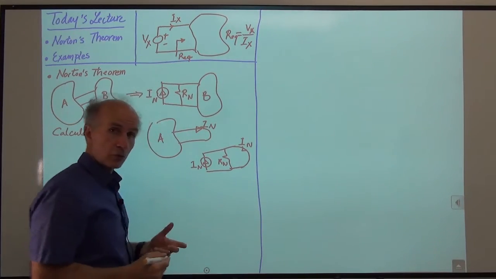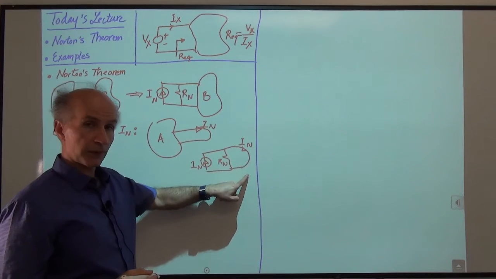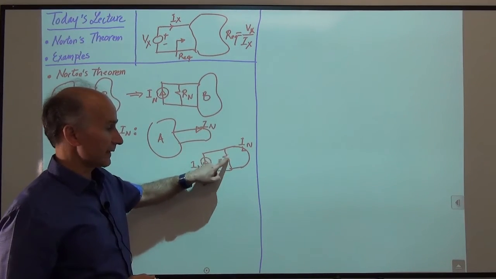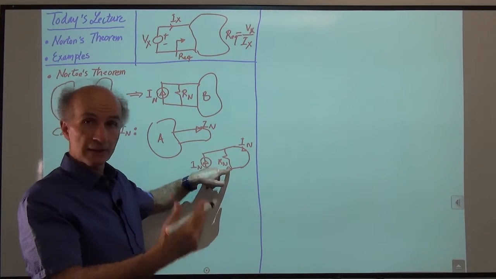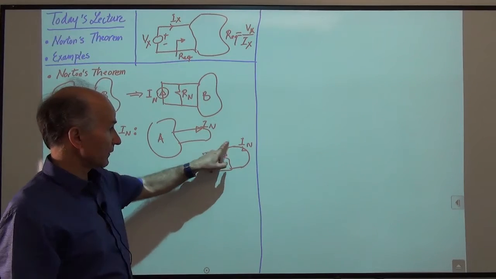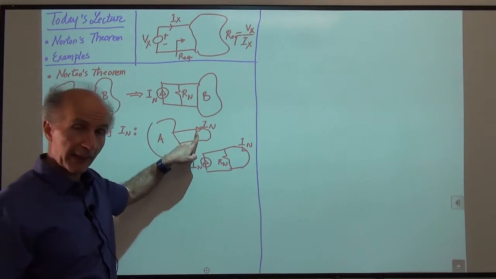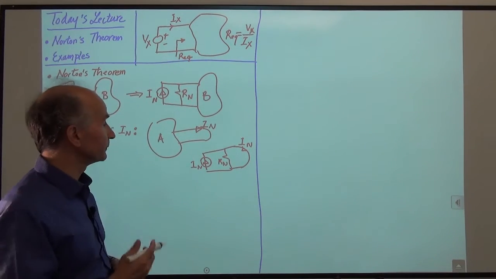Does that make sense? Sure, because once you have the short circuit, all of the current wants to flow through the short circuit. The short circuit creates a 0-volt difference across the resistor. A resistor having a 0 voltage carries a 0 current, so all the current has to flow this way. And you can see that the current is going this way, and that agrees with what we had here. You always have to be careful with the sign here and the sign here.